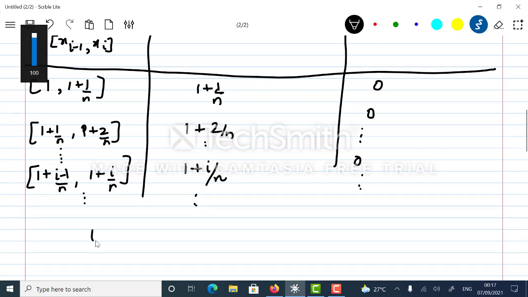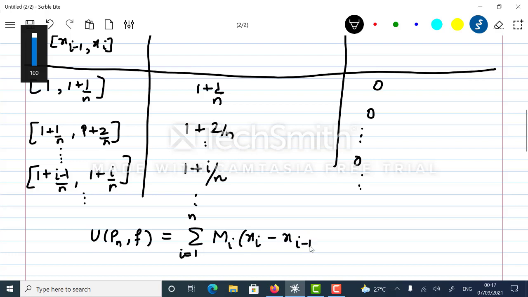Okay, so my U(P_n, f) is the summation i goes from 1 to n of capital Mi times (xi minus xi minus 1). So this is the same as summation i goes from 1 to n, where capital Mi is very clear, 1 plus i by n, and we need to find out the difference xi minus xi minus 1.